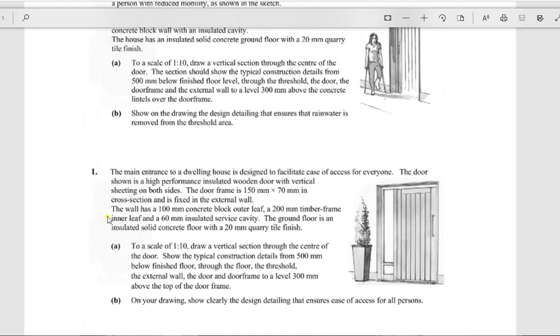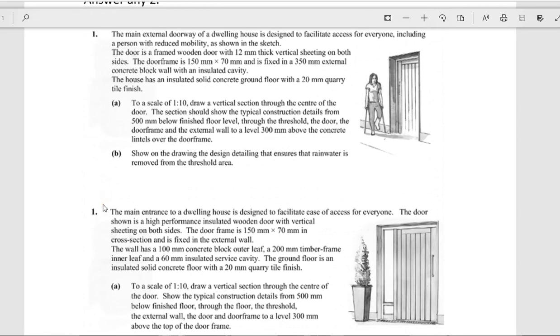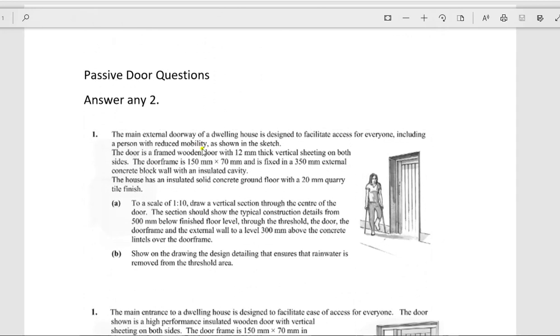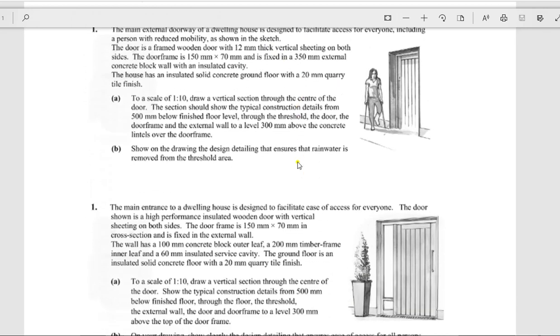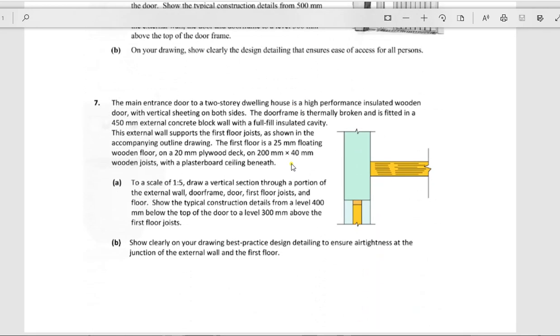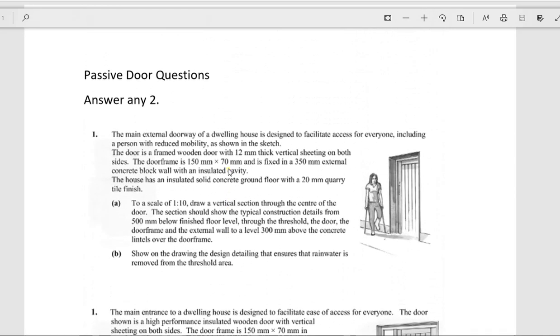Now, as for studying this topic, your best preparation now is to attempt to do 2 of these questions. So basically, this here is quite a good question. Either of these 2 questions, but remember you're no longer using the 350mm wall.